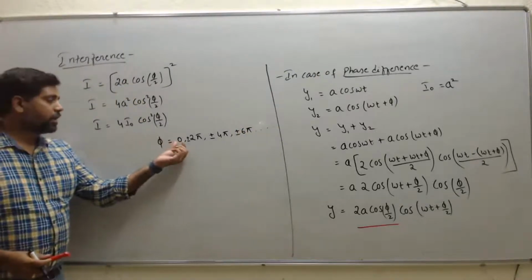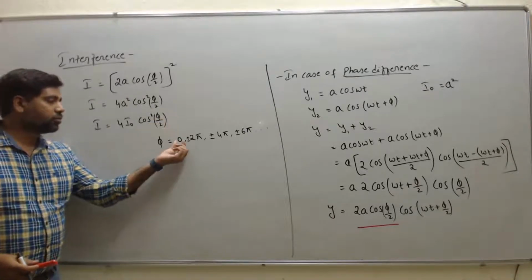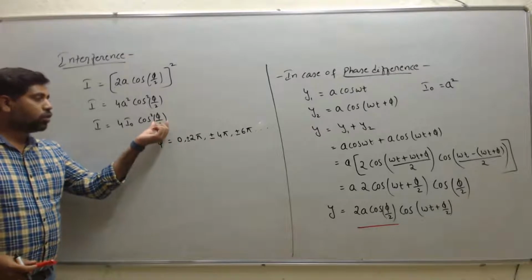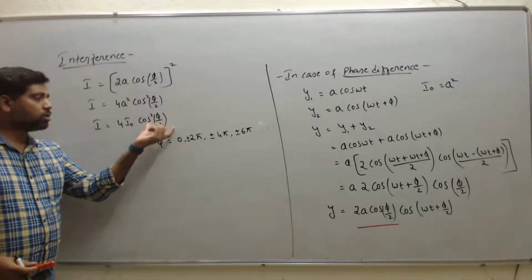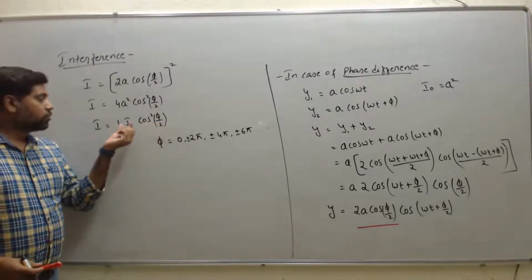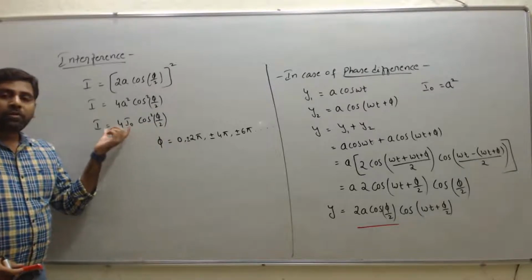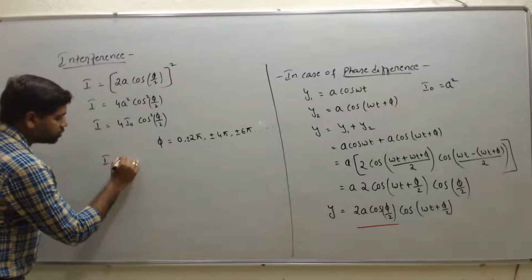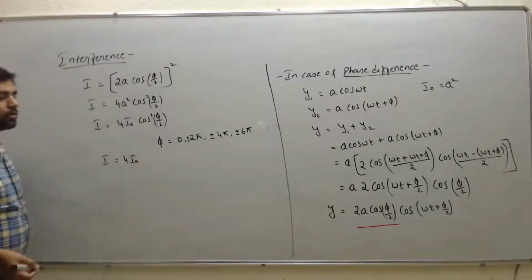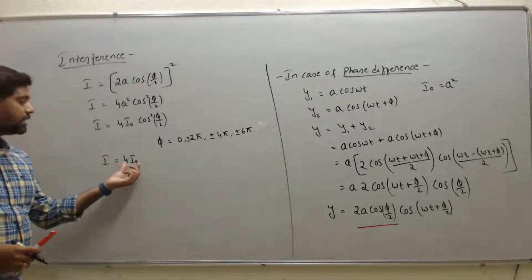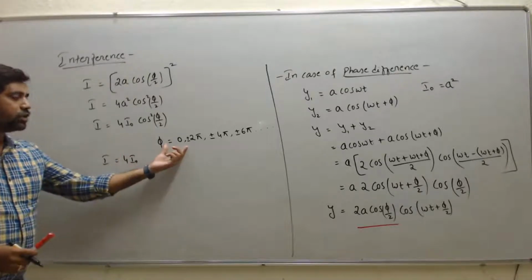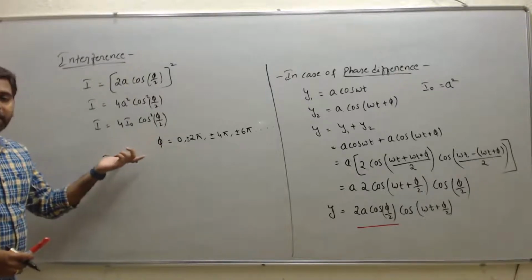When we put the phase difference pi equal to 0, then this whole term becomes cos 0, whose value is 1. So 1 into 4 I naught is 4 I naught, and we get the maximum intensity I equals 4 I naught. If the intensity is maximum, that is 4 I naught, then this is the condition for constructive interference.